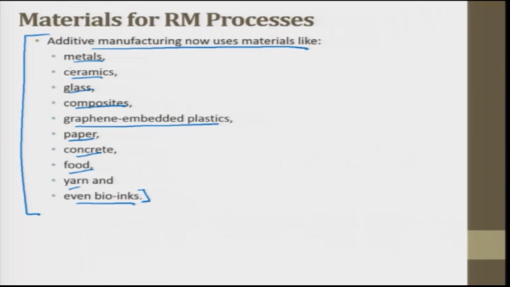The ear that we produced is with bio-inks, cellulose based inks. So those bio-inks are possible. The decoration of cakes and food that is manufactured is happening using additive manufacturing processes. All those things are there. So I will discuss the major parts here: metals, ceramics, glass, composites and some of the biomaterials.